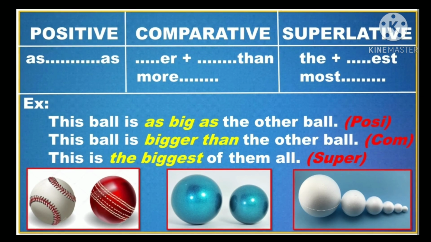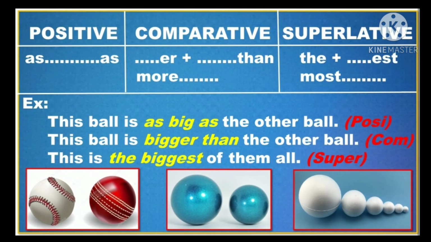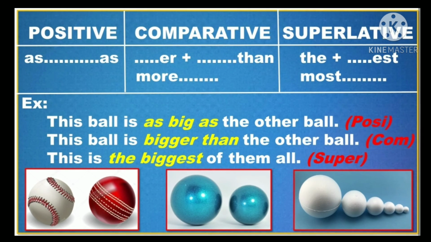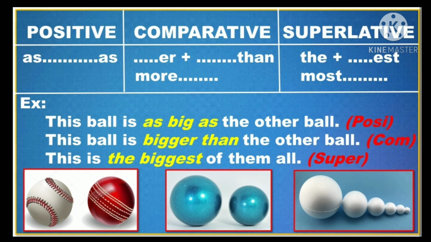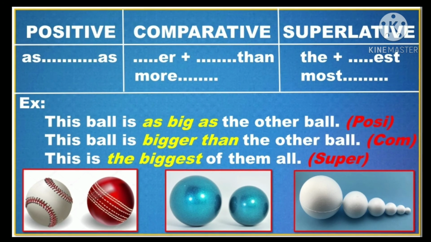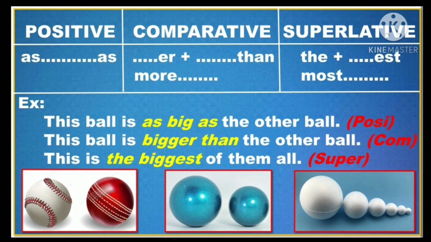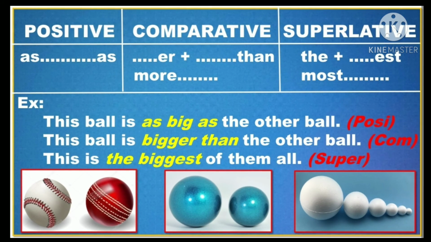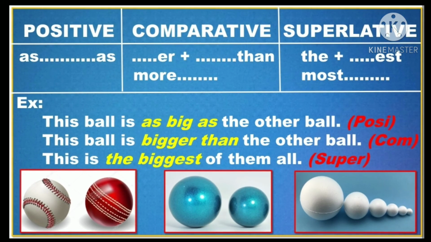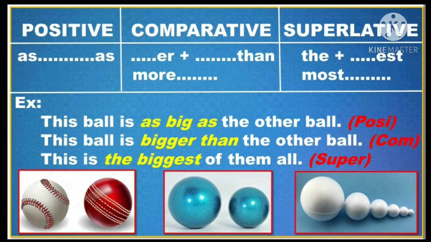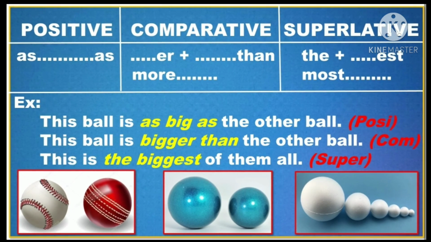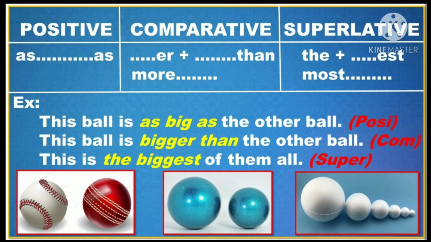This ball is bigger than the other ball. We identify this as comparative degree with the help of the word er plus than with the adjective. Here the comparison shows that one is greater than the other. So this sentence is considered a comparative degree.